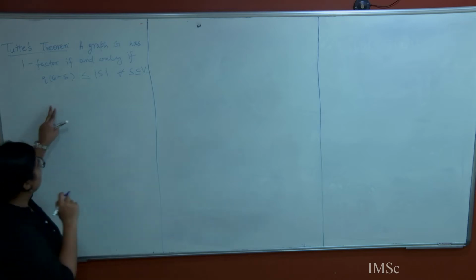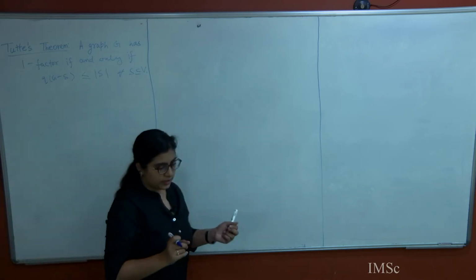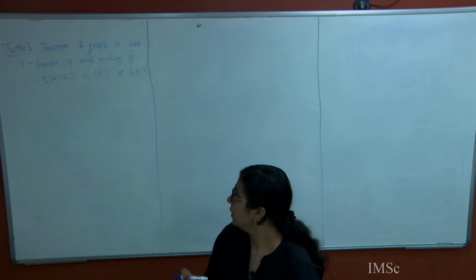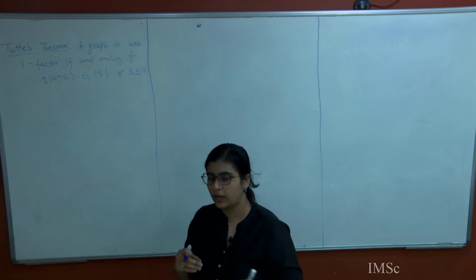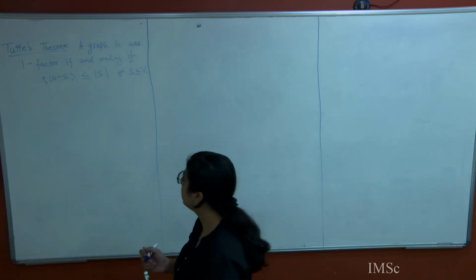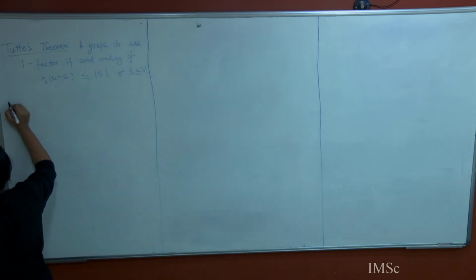So the theorem says that the number of odd components in G minus S is at most the cardinality of S for any subset S of V.